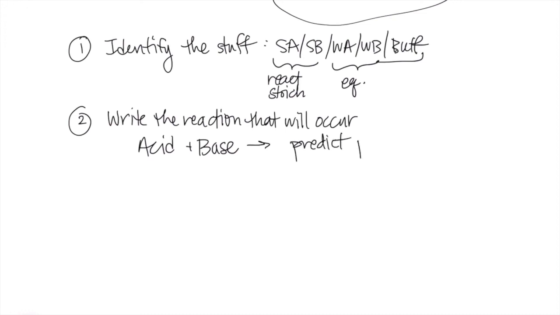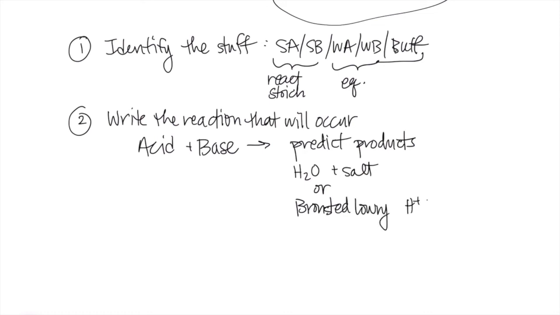If you're using Arrhenius, like if you have a strong acid and a strong base, you might get water and a salt. Or if you've got a weak acid or something like that, you might need to use the Bronsted-Lowry definition, with H plus donors for acid, H plus acceptor for your base. Okay, that's the reaction that's going to occur. You're going to predict the products that way.